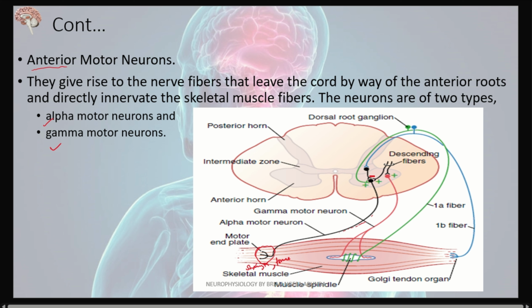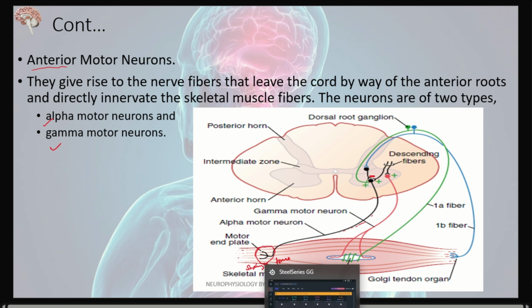We see the gamma advancing all the way to a particular area of the muscle, which is referred to as the muscle spindle. Remember, while we were talking about the muscle, we said the muscle has two major types of receptors, the Golgi tendon organ and the muscle spindle. The Golgi tendon gives us information about the strength, while the muscle spindle gives us information about the length.